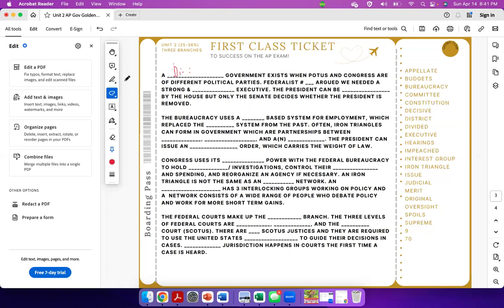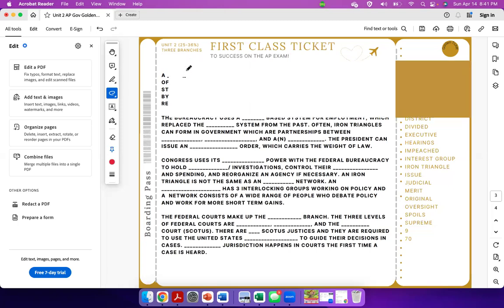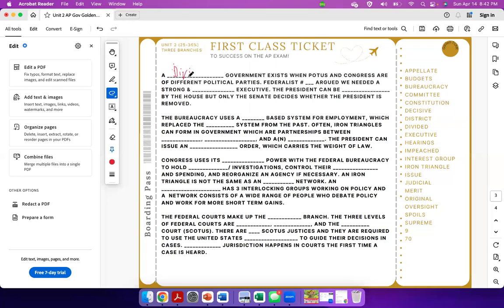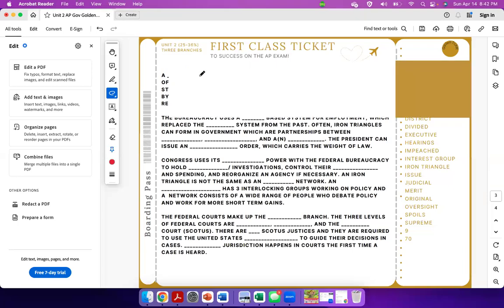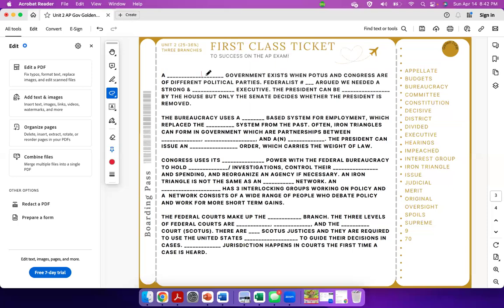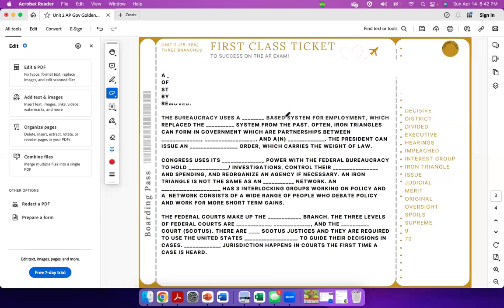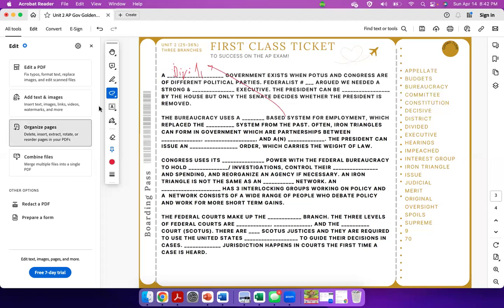Anyways, we'll follow along at home for now while I try to troubleshoot this. We call it a divided government. Again, we have a president of one party, Congress of another. It's hard for them to get along. So thus they are a divided government. I am frustrated. Undo that.